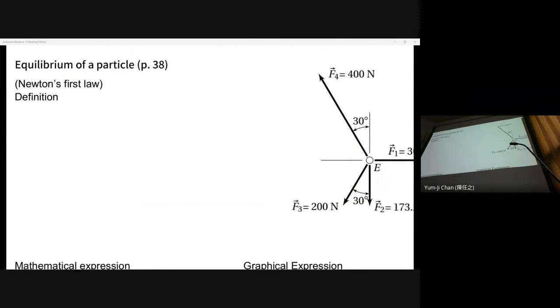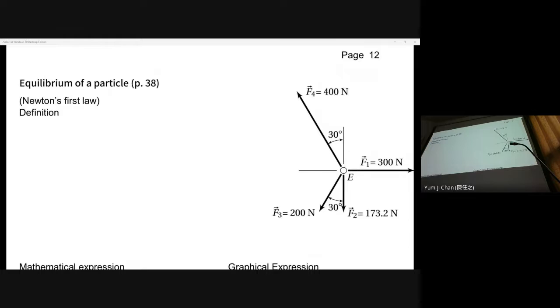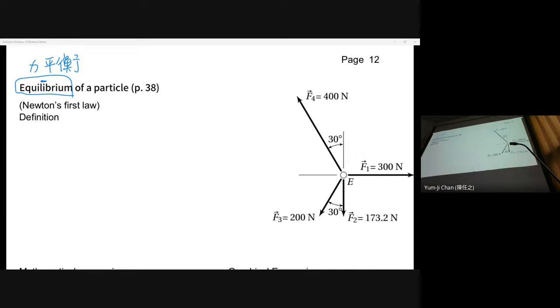Equilibrium of a particle. Equilibrium is balanced. Actually, we are doing Newton's first law. In the whole statics course, we are doing Newton's first law.